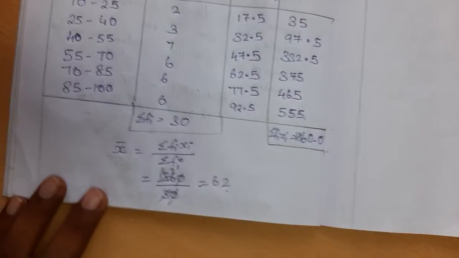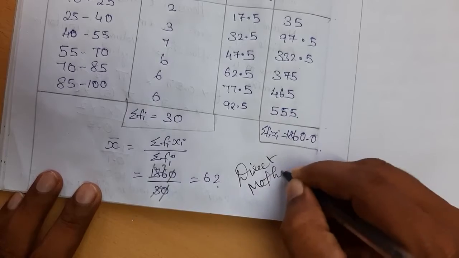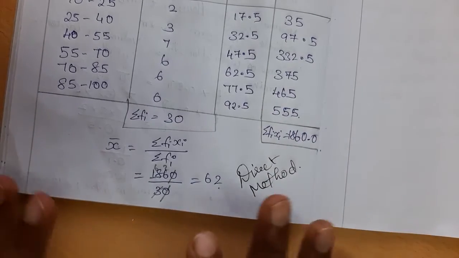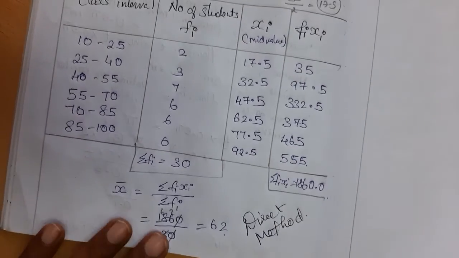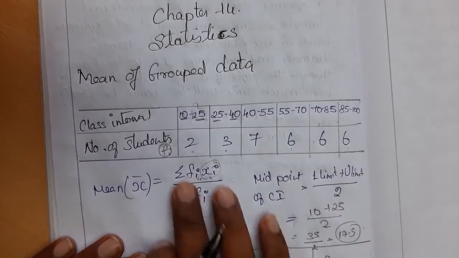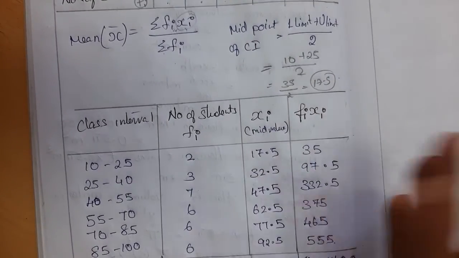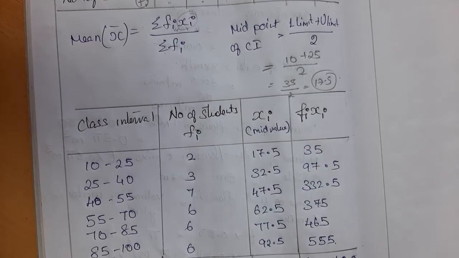This method we call the direct method. We have another method also to find the mean, but this one we call the direct method. We can use this method if the frequencies are very small numbers, single digit. If they are double digit, we will see in the next class.